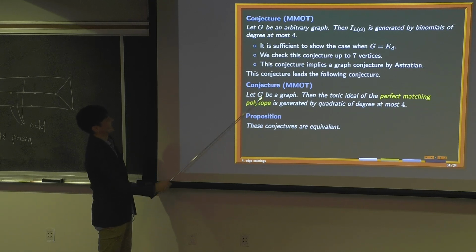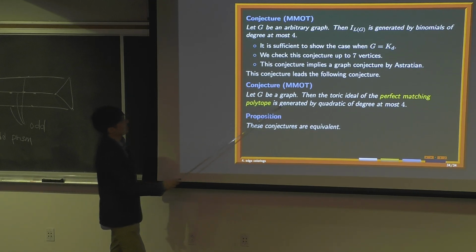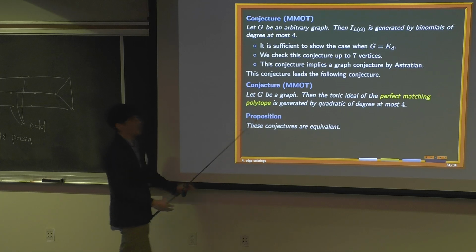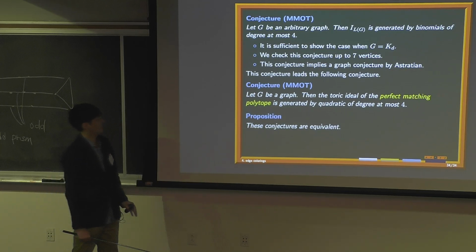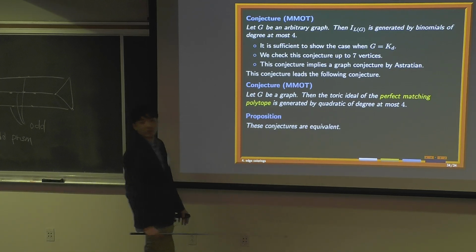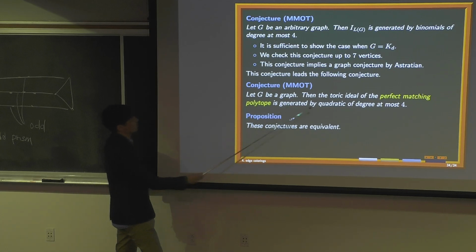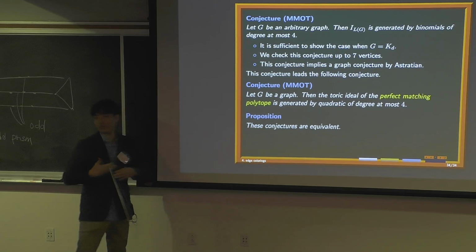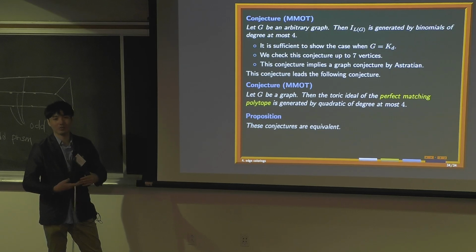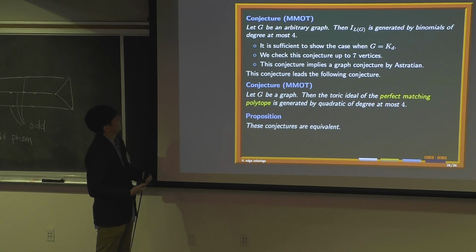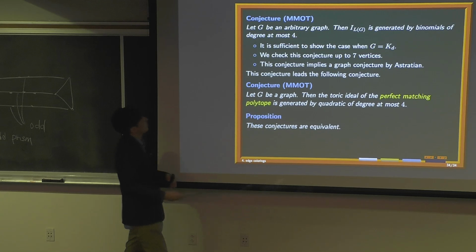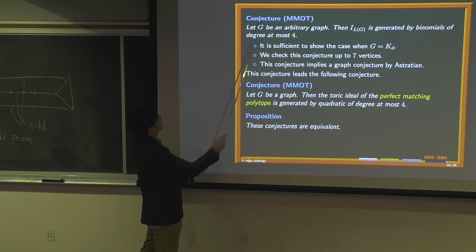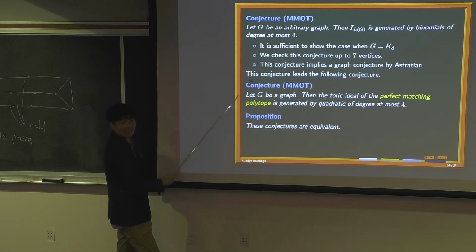And this conjecture leads to the following conjecture: the toric ideal of the perfect matching polytope is generated in degree at most 4. Because the perfect matching polytope is a face of the matching polytope, this conjecture implies that conjecture.